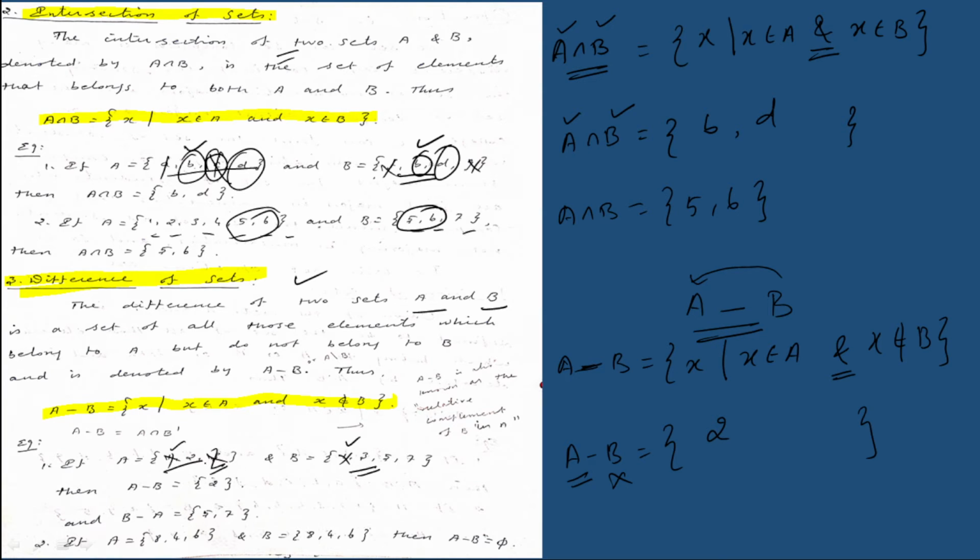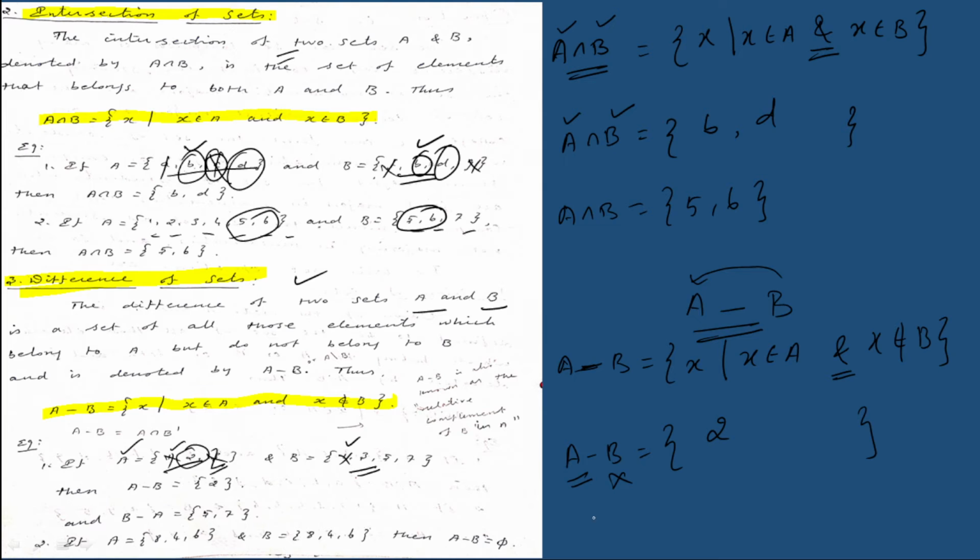We take into consideration only the elements of A alone, not of B. Among the 3 elements, only the element 2 is in A alone. So A minus B consists of only the element 2. That is a singleton set, isn't it? A set consisting of only one element.